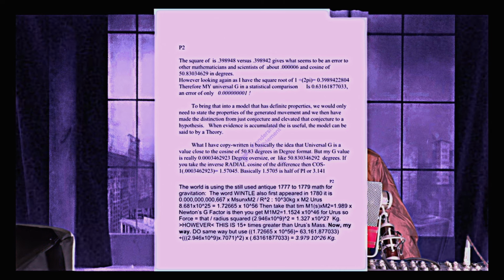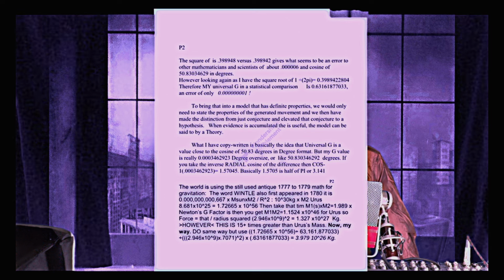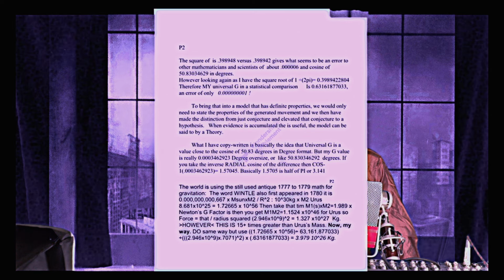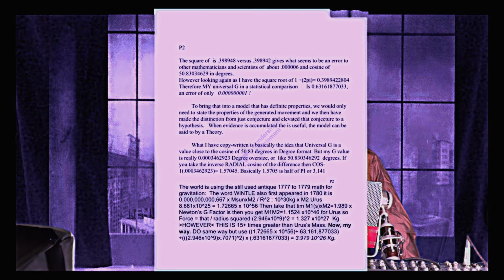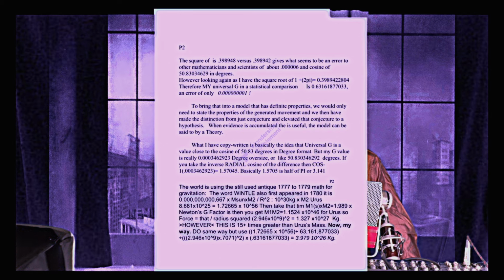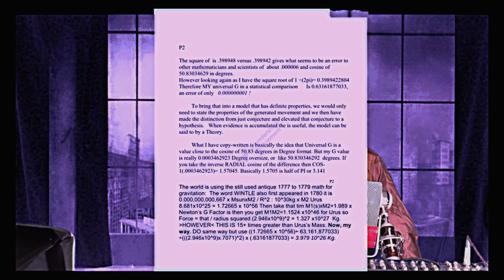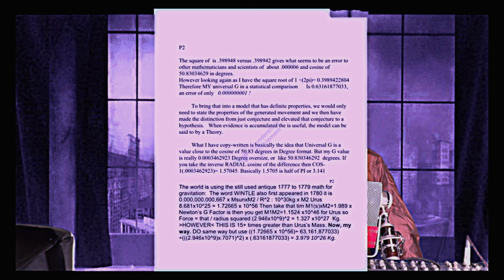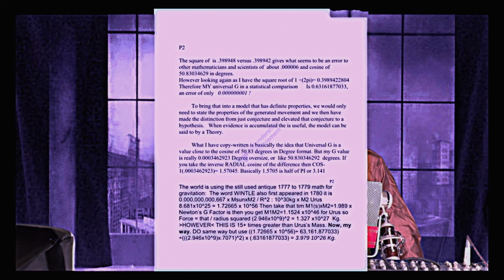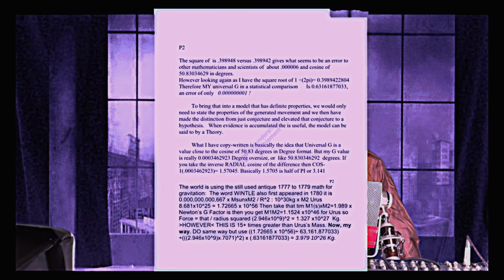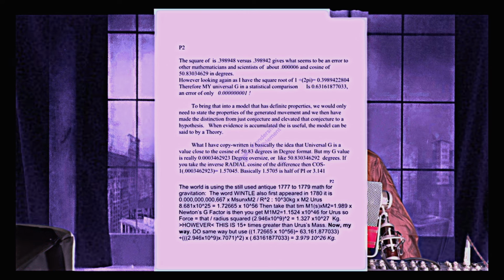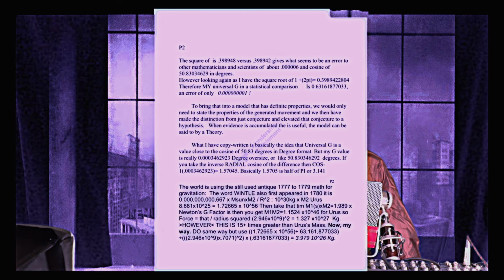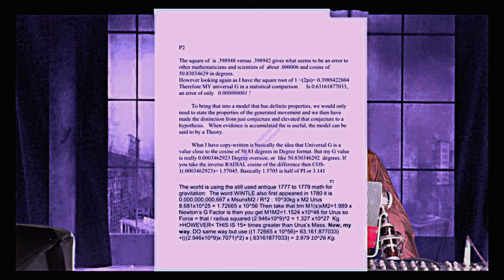So that's Urus. The force refers to really what's on this radius from the center of the sun to the planet. So divide that radius of 2.946 times 10 to the 9th squared, and you get 1.327 times 10 to the 27th kilogram. However, this is 15 times greater than Urus's mass.